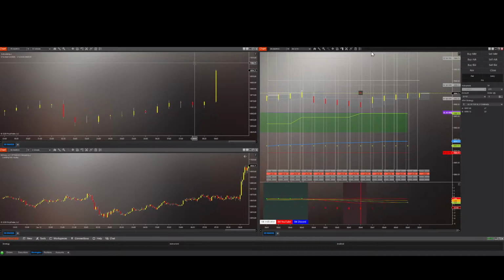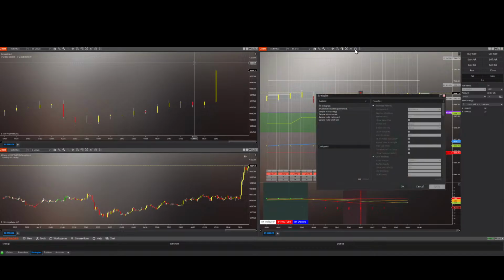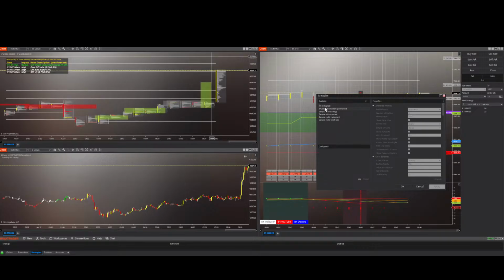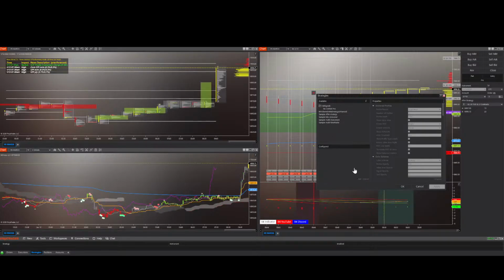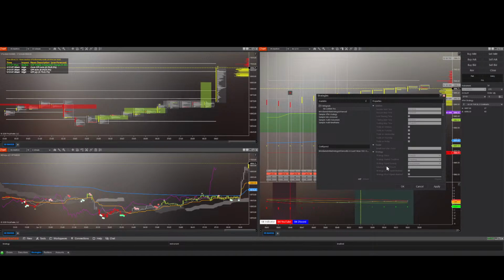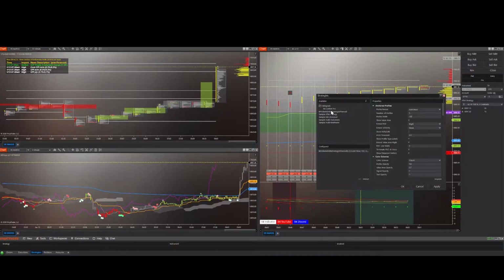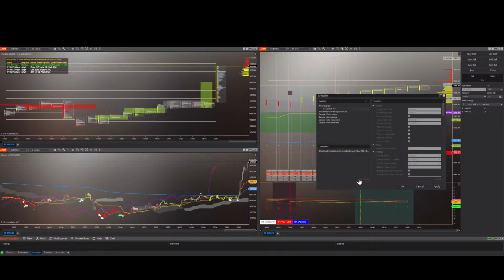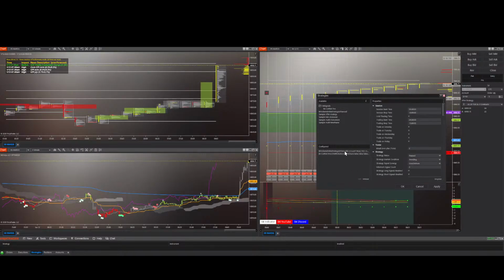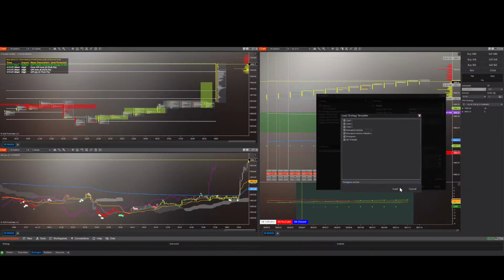Where are you at, Mousy? Okay, let's go here. Strategies, add. Remove that one. That's what I'm building. Let me do my template load. I'm just going to do the regular one.